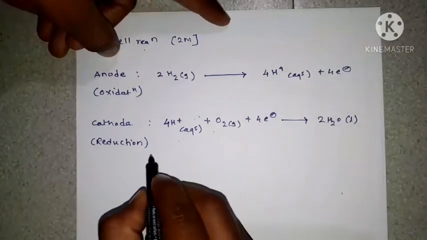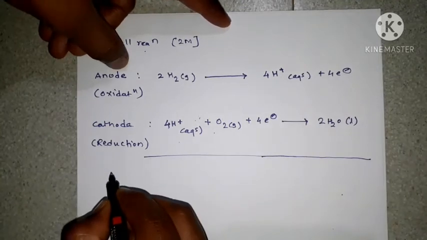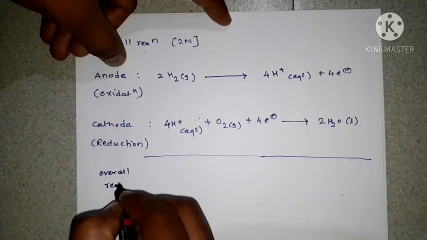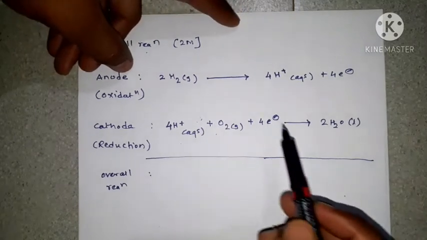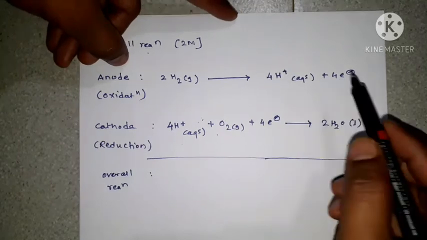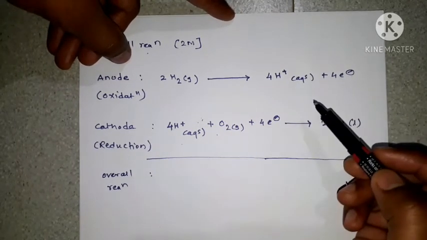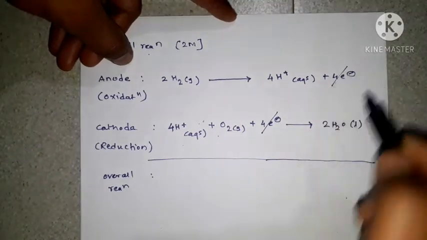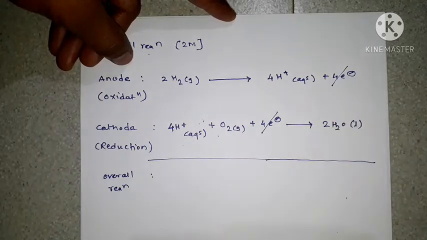Then we have to write the overall reaction. How to write it? When the same part is present in the product and reactant, then cancel out: 4 electrons and 4 electrons cancel.